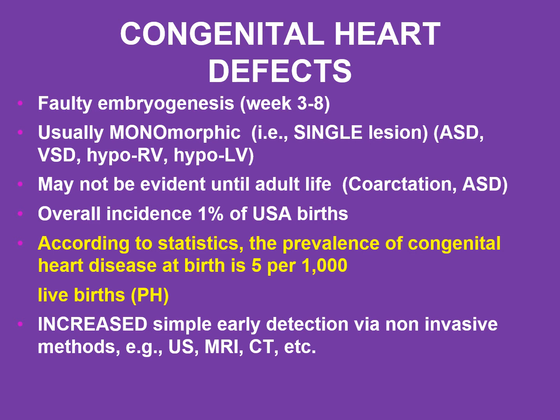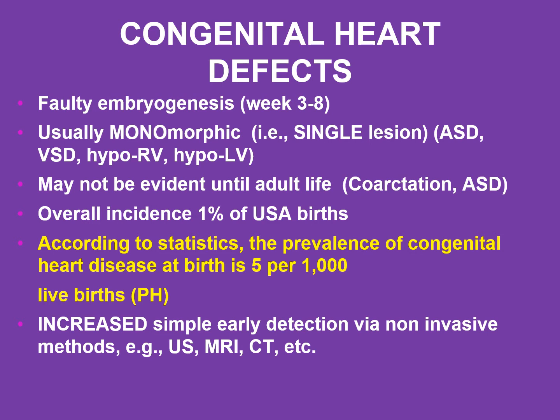It is usually monomorphic, meaning there's a single lesion, like an ASD, a VSD, a hypoplastic RV, or a hypoplastic LV. Now, there are also cases that may not be evident until adult life, such as your coarctation of aorta and ASD.